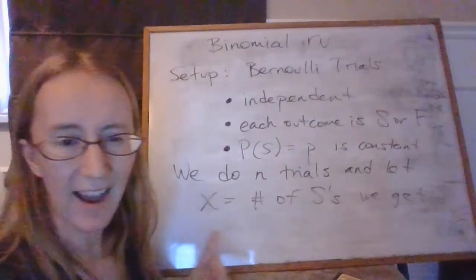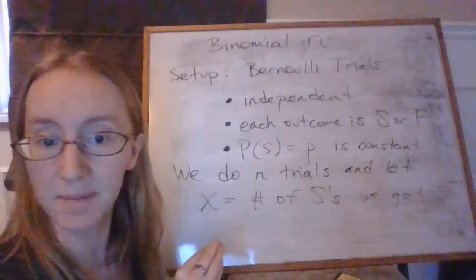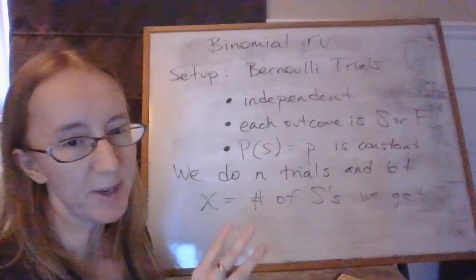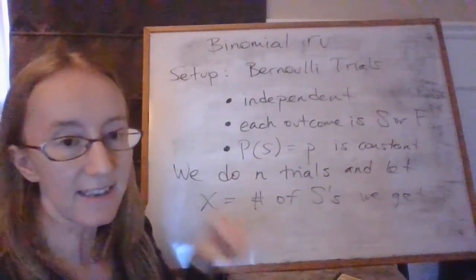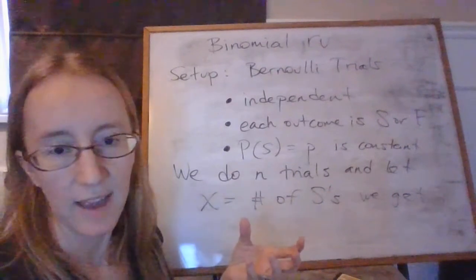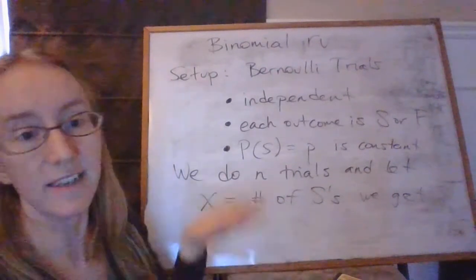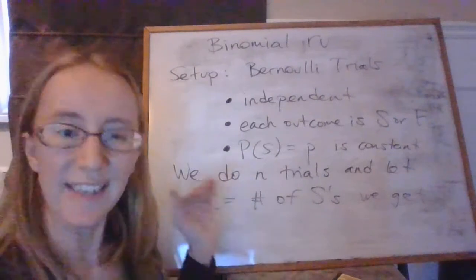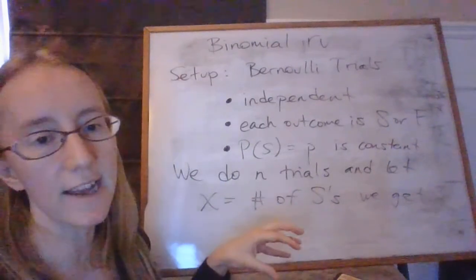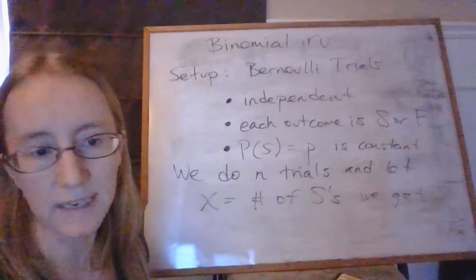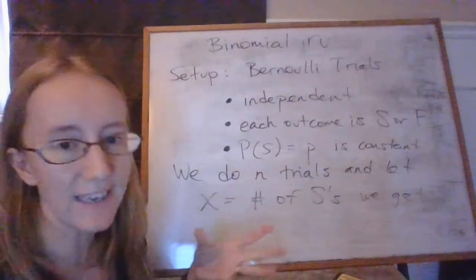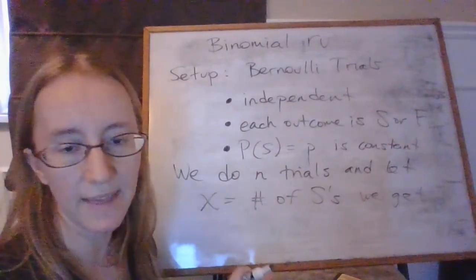You can already see how this is a little bit similar to the hypergeometric. With the hypergeometric, we were selecting little n objects and counting x as the number of successes. So this is kind of similar: we're doing n trials and letting x equal the number of successes.